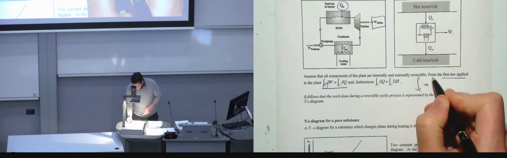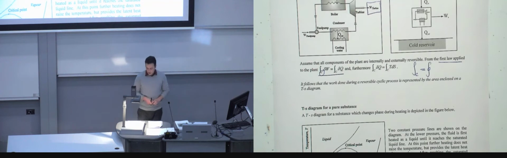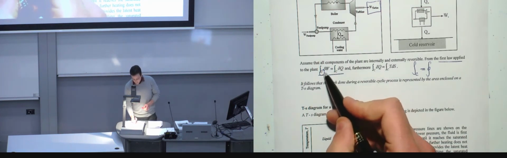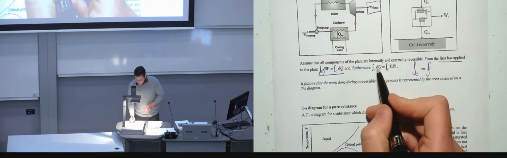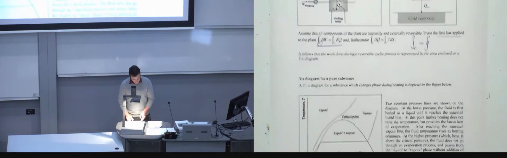You might actually come across this integral with a circle in the middle in some textbooks, but they exactly mean the same thing. So for a cycle, as far as the first law is concerned, you have the integral of delta W equal to the integral of delta Q. And because we know that Q can be related to TdS, we can use that information as we will see in a moment.